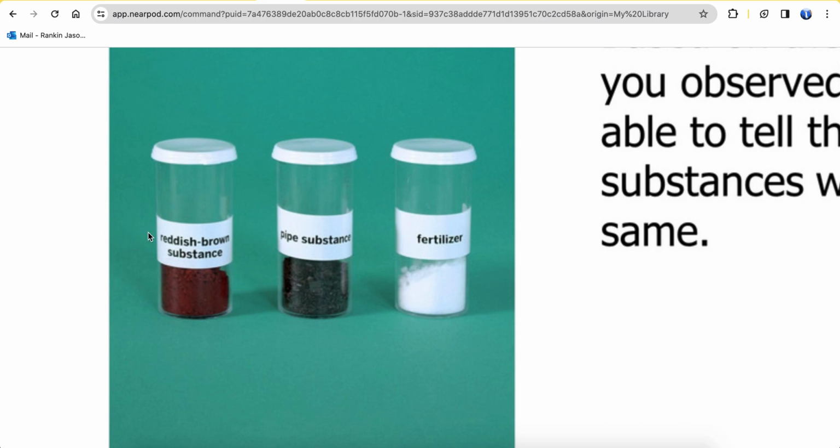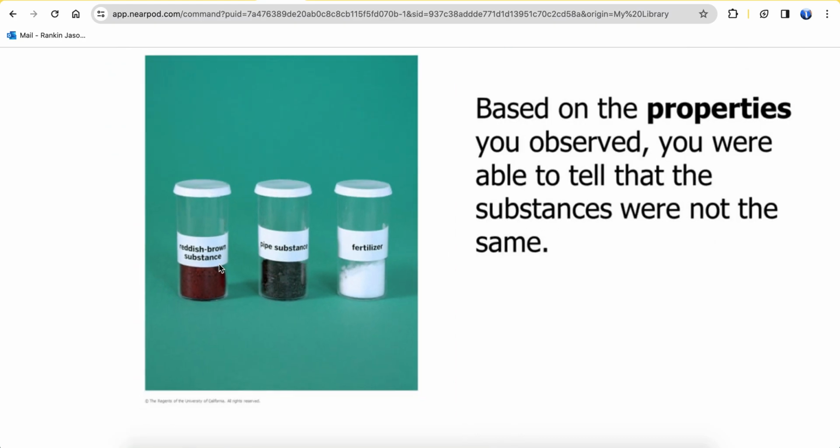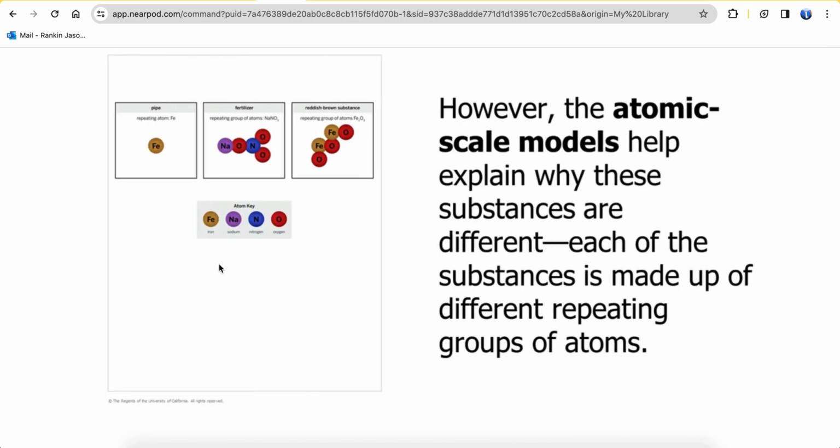And the reddish brown substance, when shaken, sounded like a powder. Definitely, all 3 have different colors. Again, you notated all that.